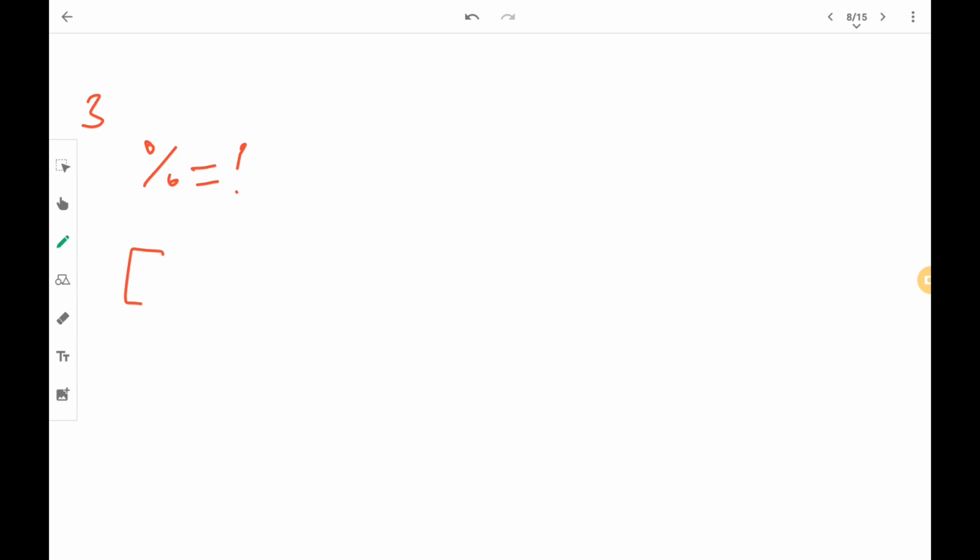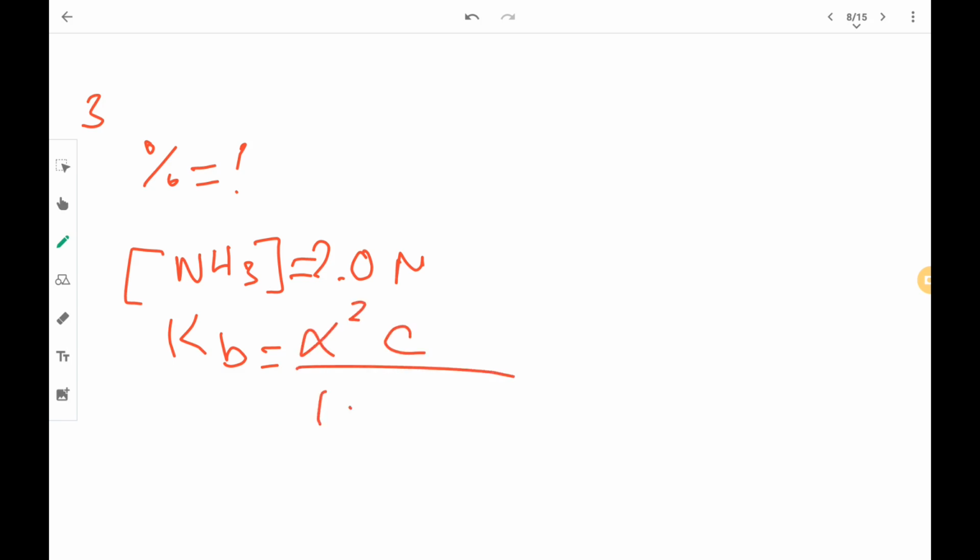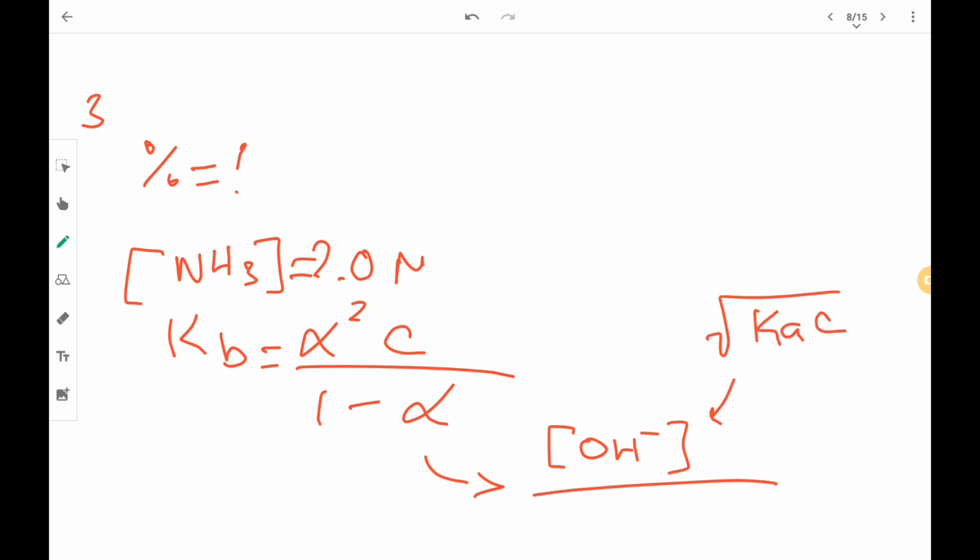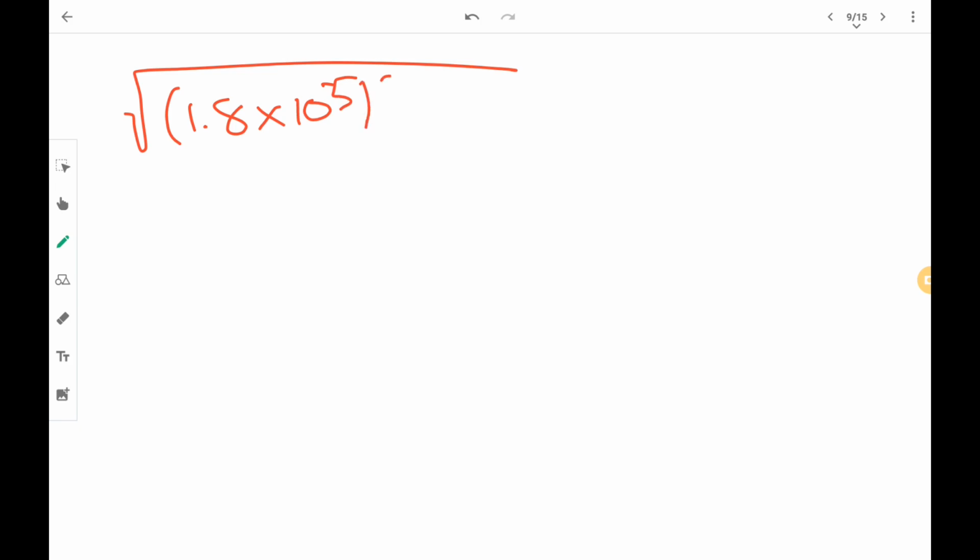They also gave you the concentration of NH3, which is 2.0 molar, and they gave you the Kb. First we need to find alpha, so the formula is alpha squared C over 1 minus alpha. To find alpha, it is OH minus, which is radical KbC, over the total concentration. So radical KbC is radical 1.8 times 10 to the minus 5 multiplied by the concentration, which is 2.